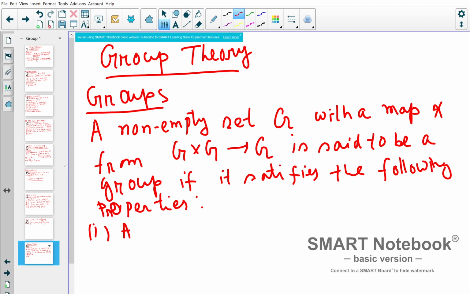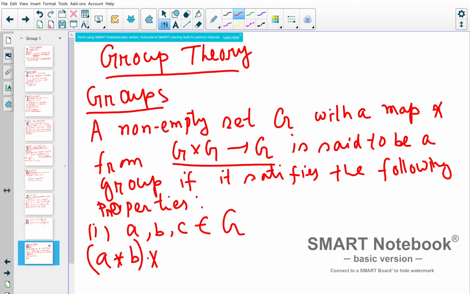Suppose you have 3 elements, say A, B, and C, small elements inside G, and you want to perform the operation on A and B first and then C. A star B will be an element of G by this map, and then again you perform the operation with C. Or you can perform the operation on B and C first and then with A. The final answer of both will be the same. This is the meaning of associativity.